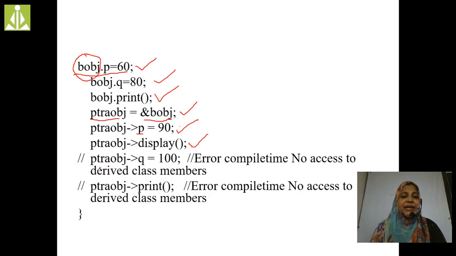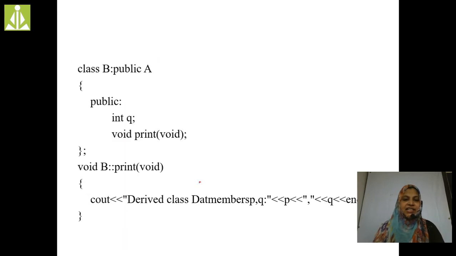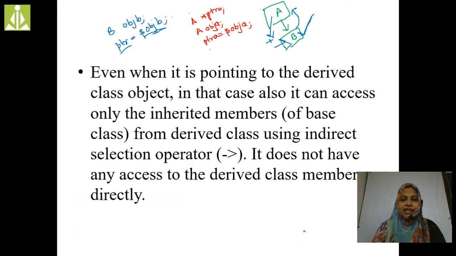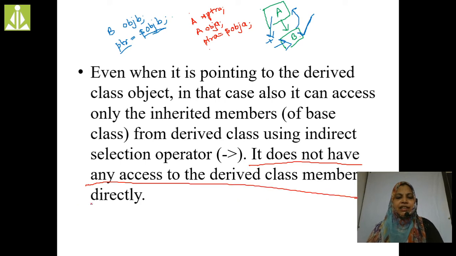Now ptra->q equals 100. This statement is not going to execute. Why? Because there is no access to the derived class member. See the third point here: it does not have any access to the derived class member directly, right?